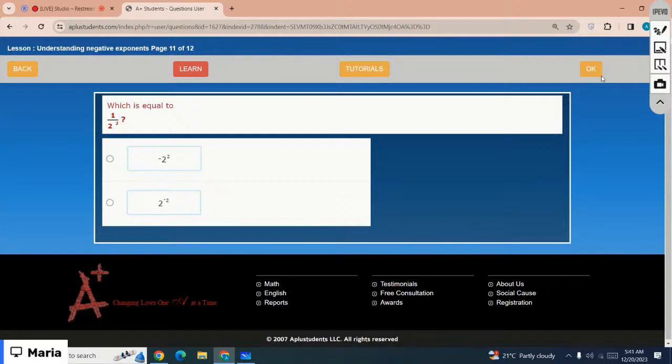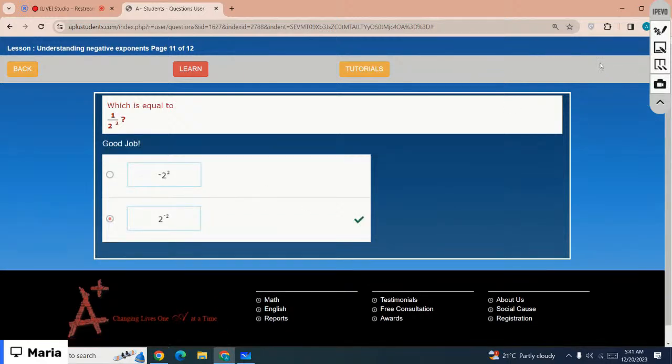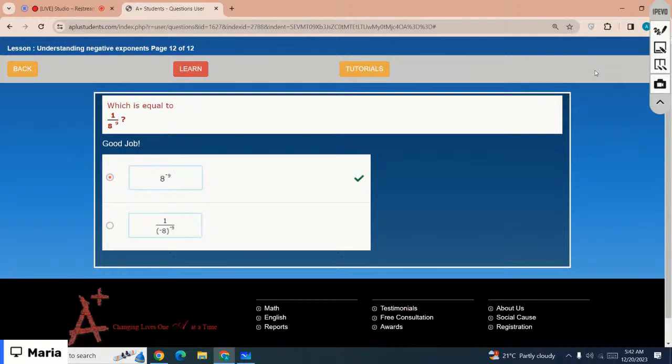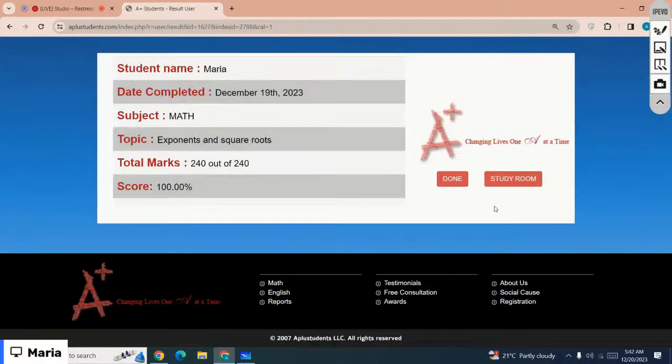Yes, that is option number 2. Very good. Which is equal to 1 over 8 exponent 9, which is the correct option? Very good. Option number 1 is the correct option. Arpita, you are doing great. Very good. Okay, we are done with the lesson.